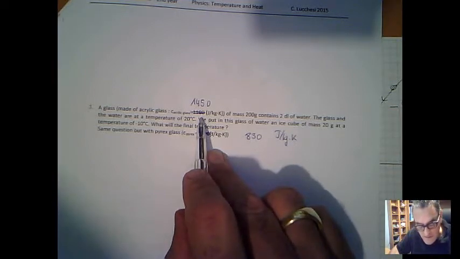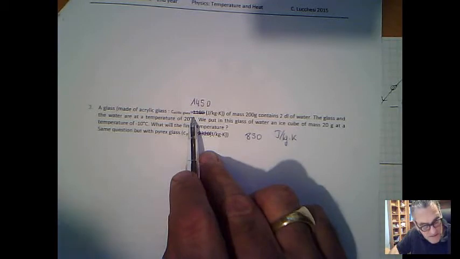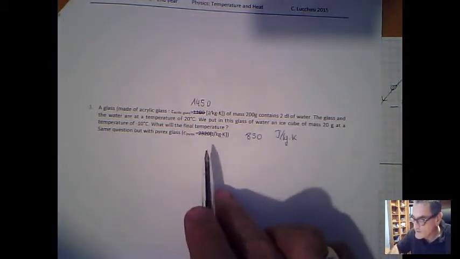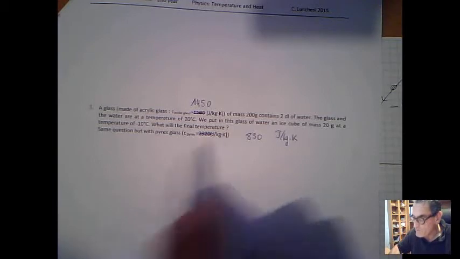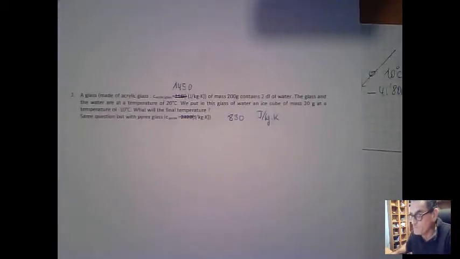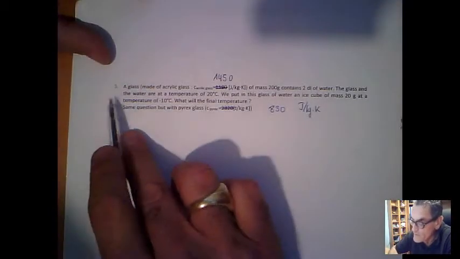The specific heat is 1450. That's now correct. And for Pyrex glass, which is another type of glass, it's 830. This is correct. So the values are okay. Please correct that in your course, and be aware that sometimes I made a stupid confusion.